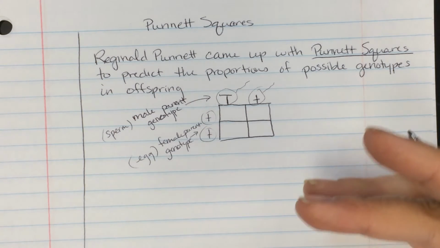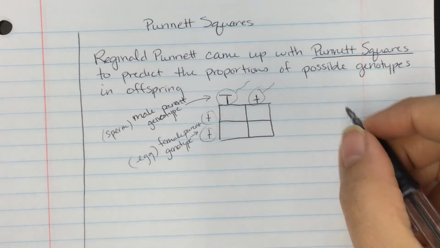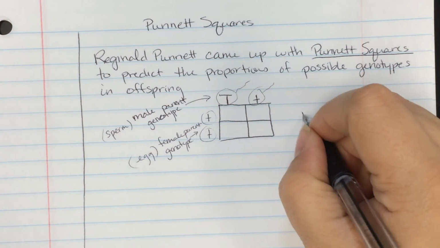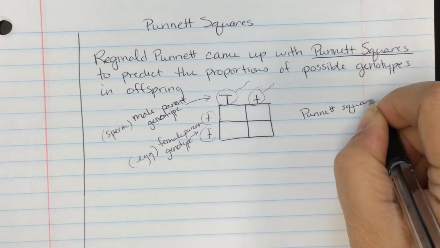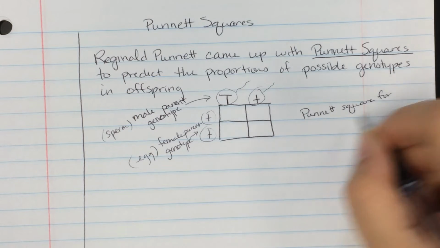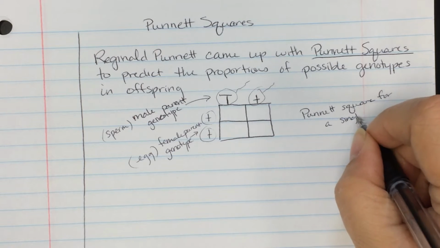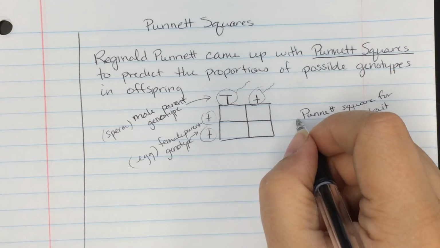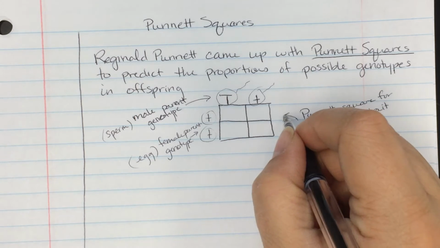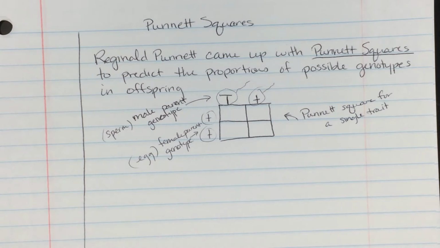And so when we get into meiosis, this will make a little bit more sense. And so again, this is a Punnett square for a single trait. We can also study more traits at a time, doing what's called dihybrid and trihybrid crosses, but those Punnetts get a little bit more complicated, and we'll see that for next time.